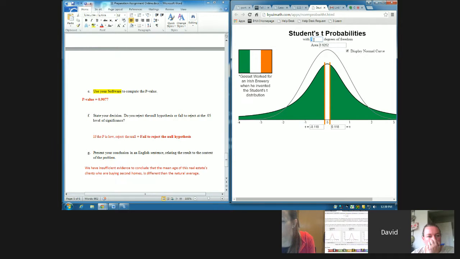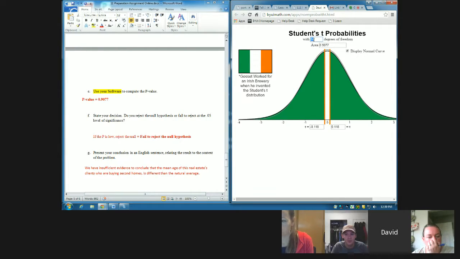All right, anyways, that's degrees of freedom. So degrees of freedom in SPSS is this little DF over here, right? Yep. So it's 14.